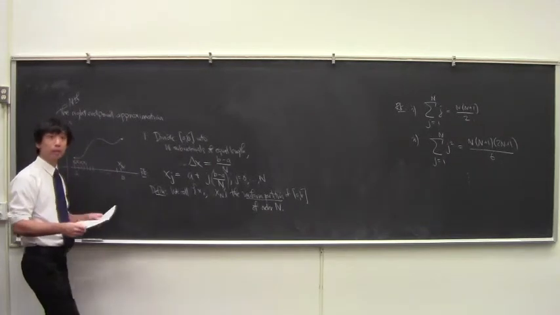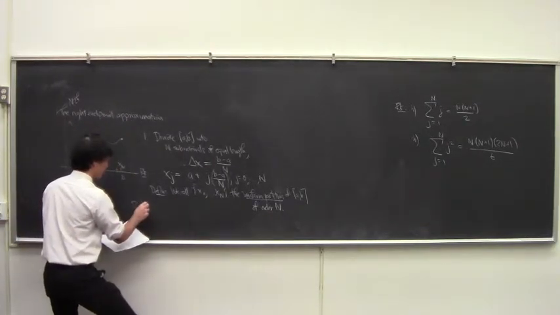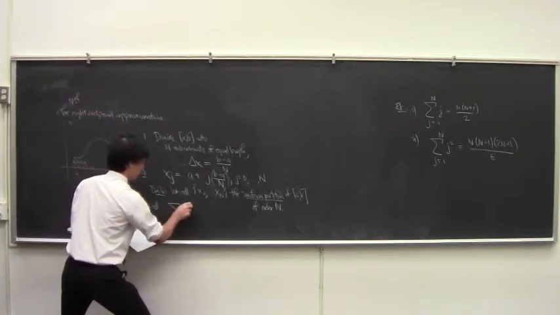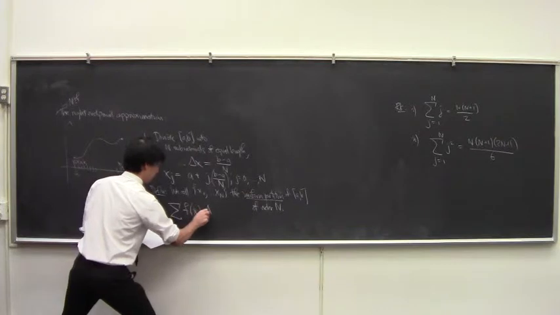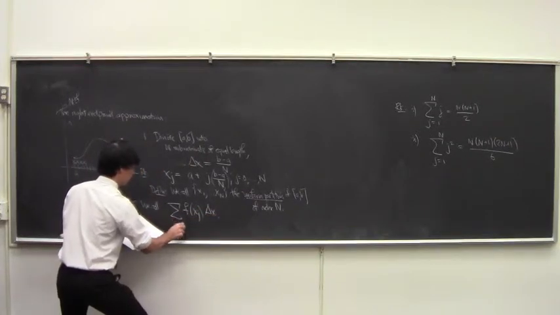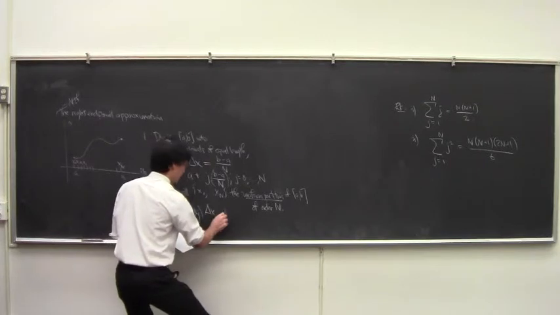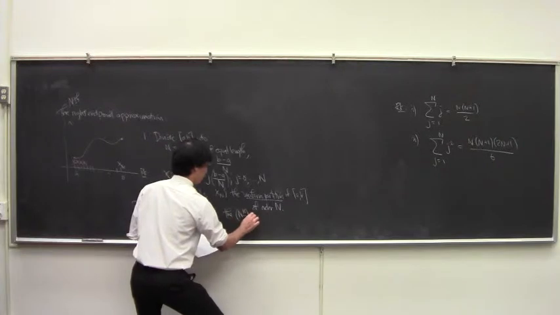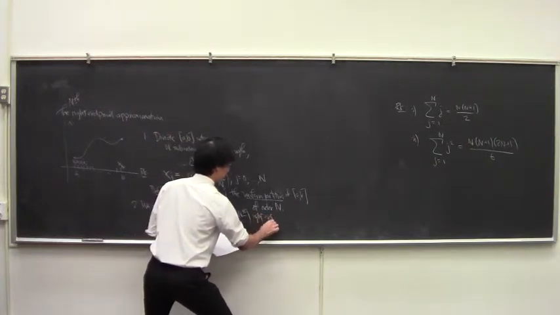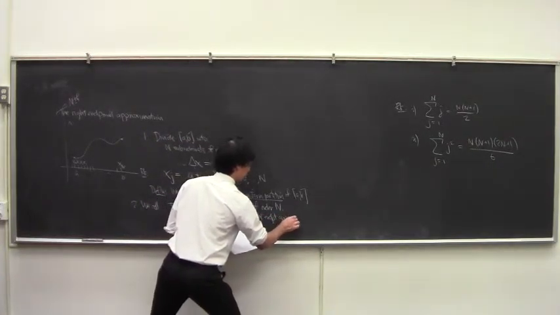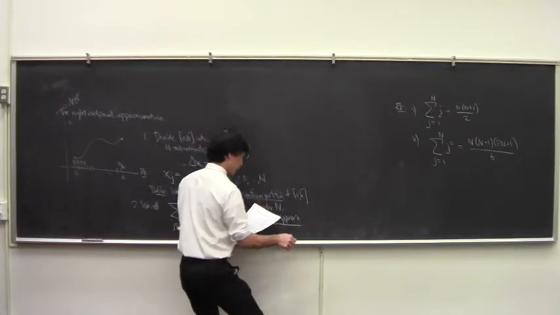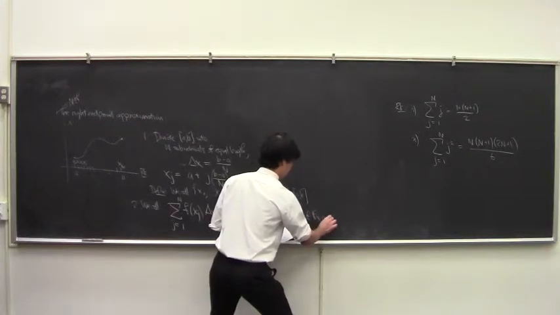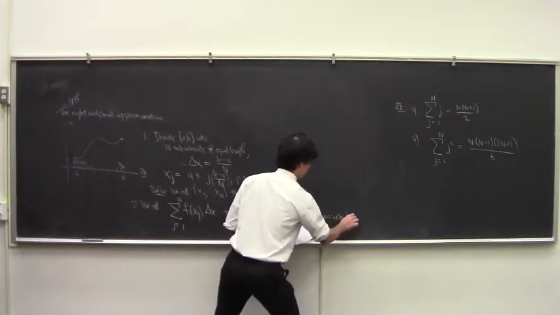Then we call the summation of f of xj delta x, from j equals 1 to n, the nth right endpoint approximation of the area under f on AB.